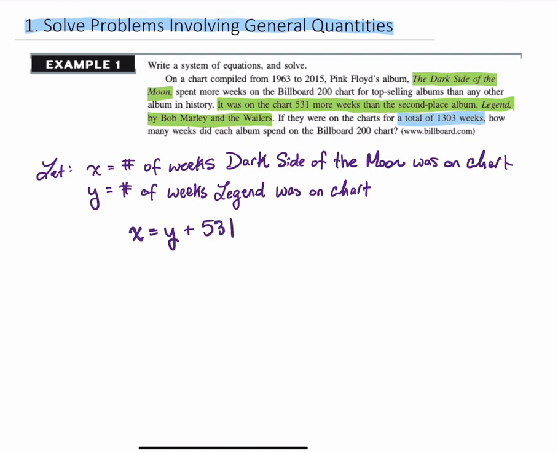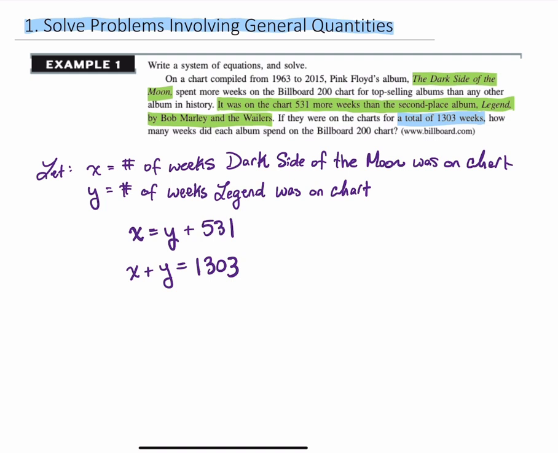So one is 531 more than the other. And then it says they were on the charts for a total of 1,303 weeks. So if we took whatever x is and added it to whatever y is, that should add up to 1,303.